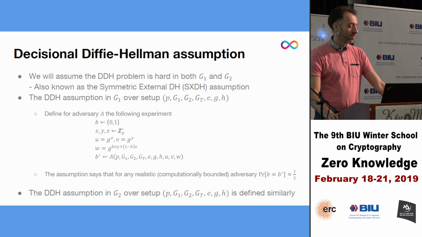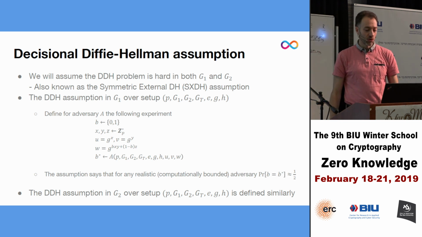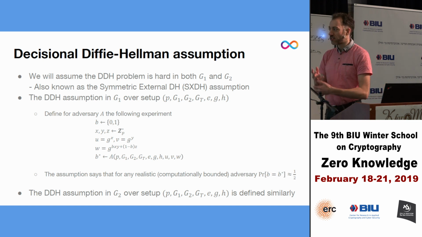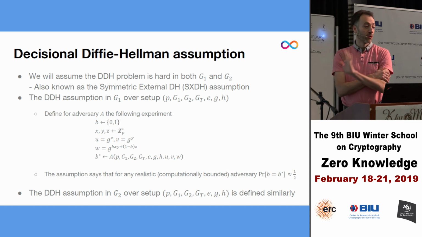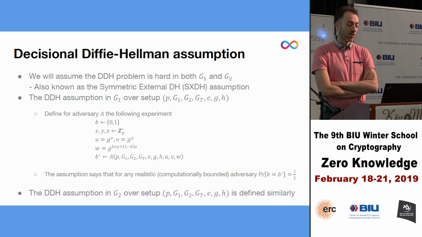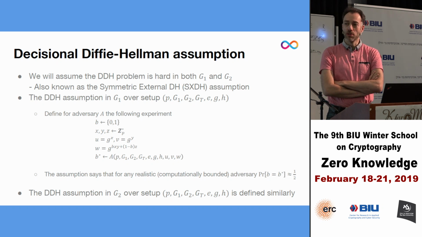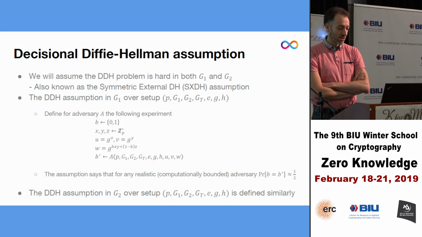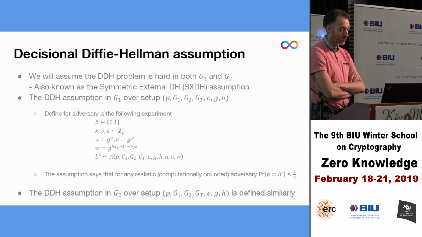And in that setting, it's reasonable to assume that the decision Diffie-Hellman assumption holds in both of the source groups. So in other words, I'm assuming that we have an attacker that has full knowledge of this setup, so throughout I'll assume all algorithms know these primes and the groups and the generators g and h.